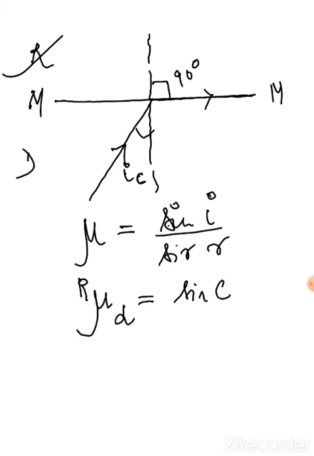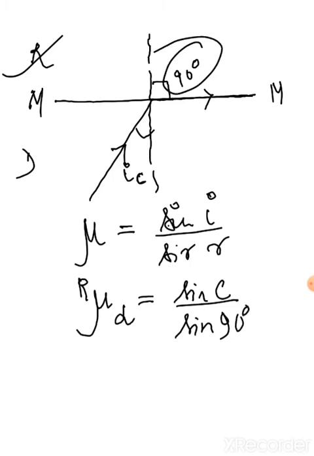Capital C, which represents the critical angle, divided by sine r, which is 90 degrees here. And you know sine of 90 degrees is 1, isn't it? So the refractive index of the denser medium with respect to the rarer medium is given as 1 over sine of the critical angle.